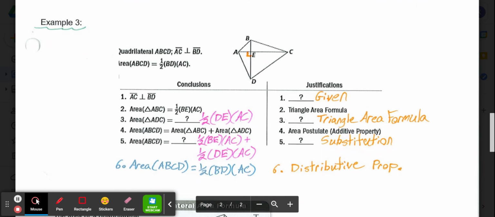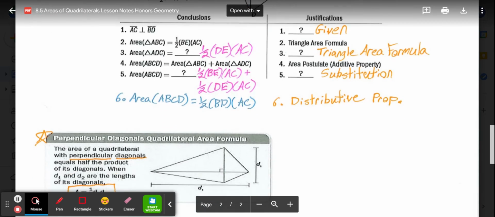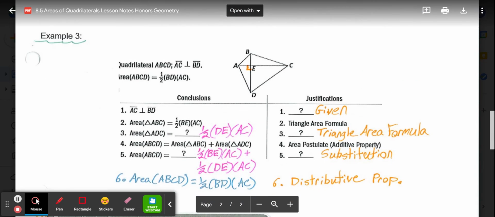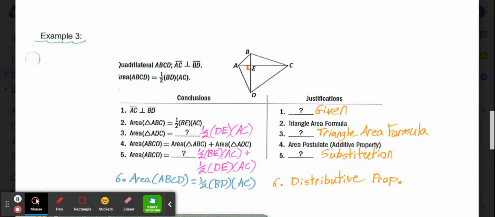Then we get into our final theorem, but first we're going to look at the proof for that theorem. Don't worry about having to create this proof from scratch. This proof is what will lead us into our final formula. We're dealing with a quadrilateral, ABCD, and we know that segment AC is perpendicular to BD, so the diagonals of this quadrilateral are perpendicular.